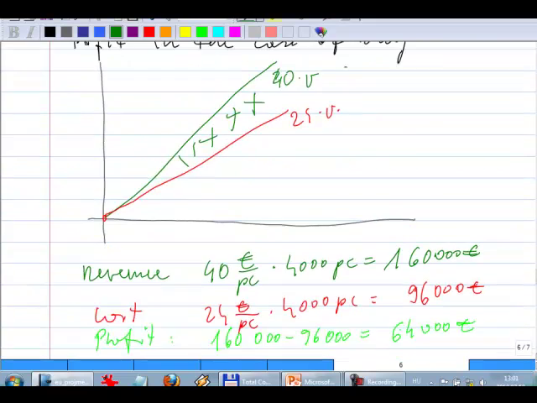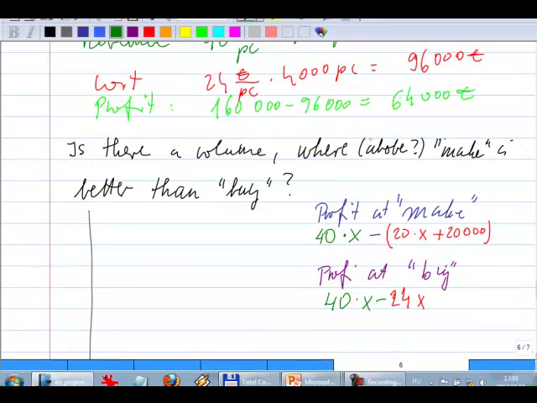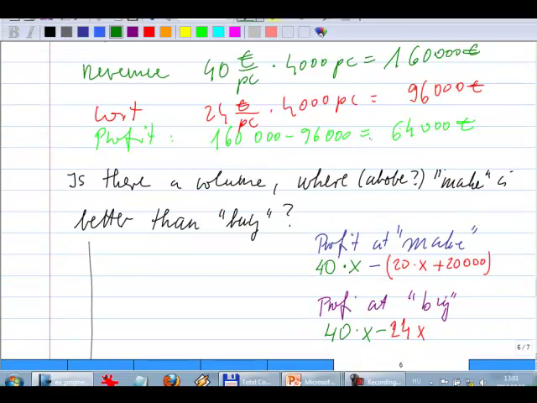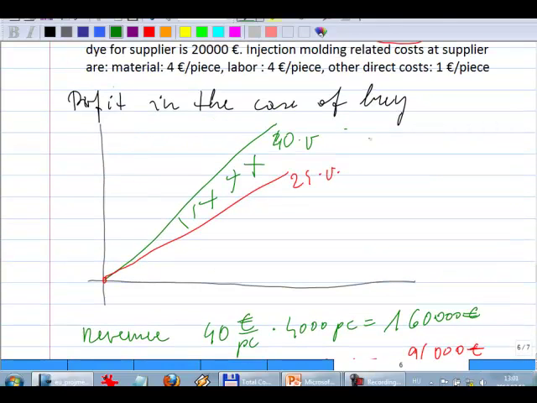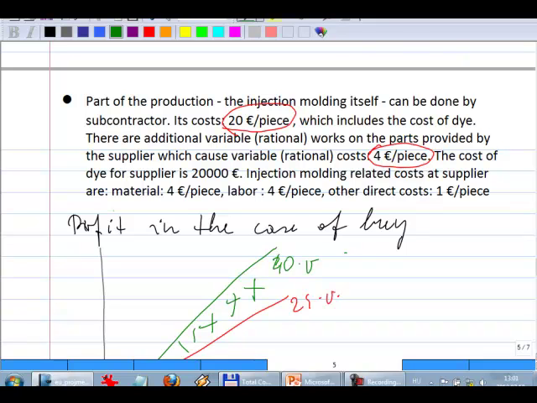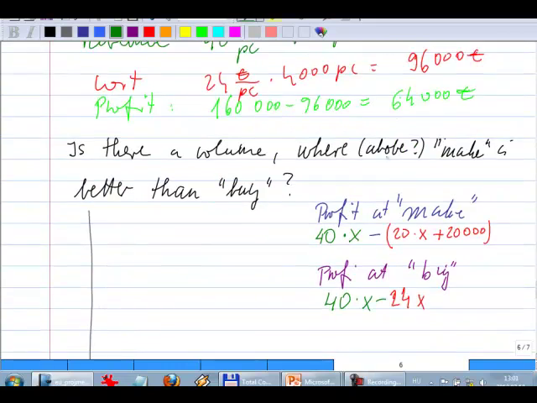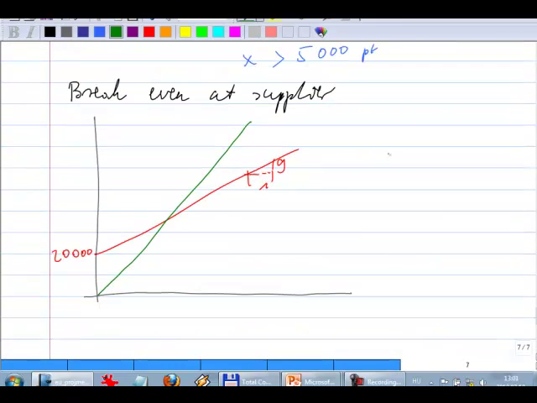Just 20, because he receives this 4 only after buying. Okay, so the supplier's revenue is 20 times x.